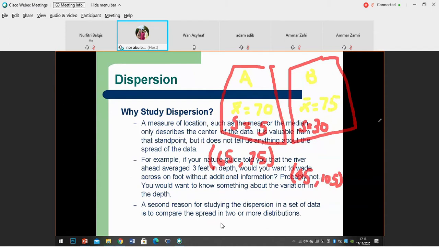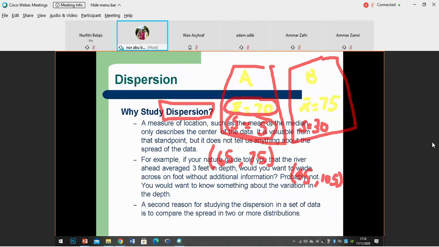Kelas A. Yeah, of course. It's A. Because, sebab awak punya mean rendah sikit daripada kelas ni, tapi awak punya data spread or data dispersion, ni dimaksudkan dengan dispersion. Okay?